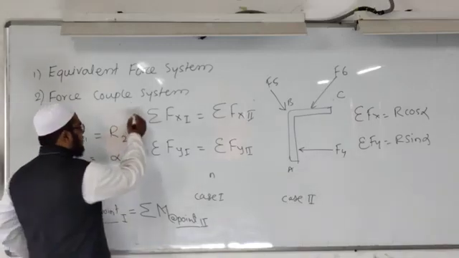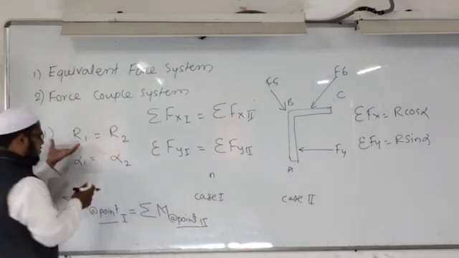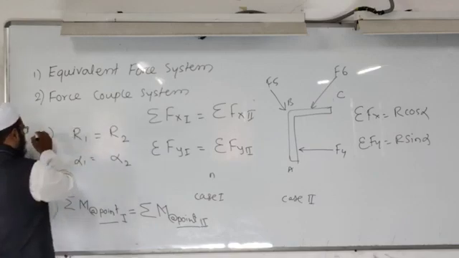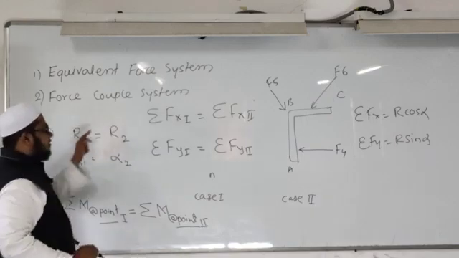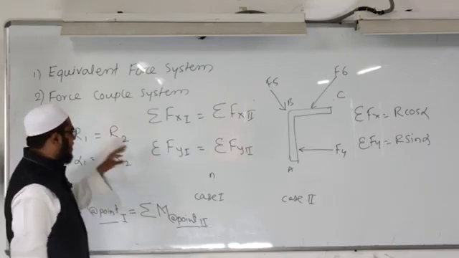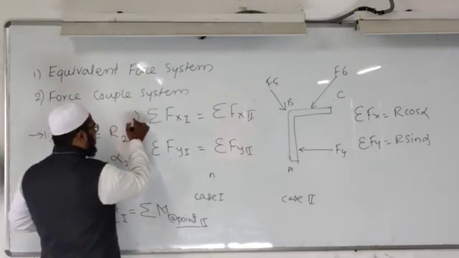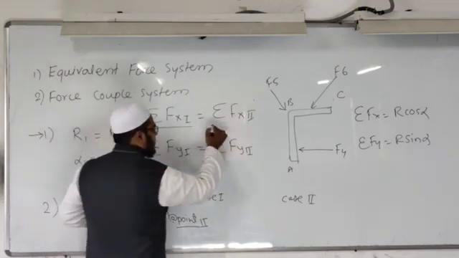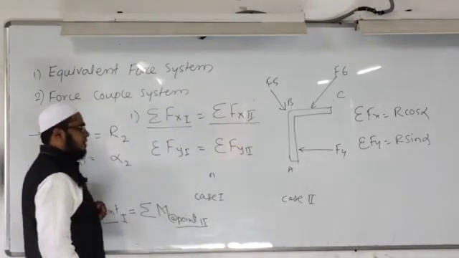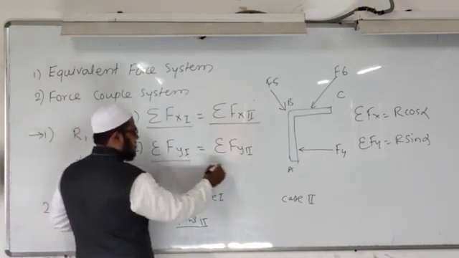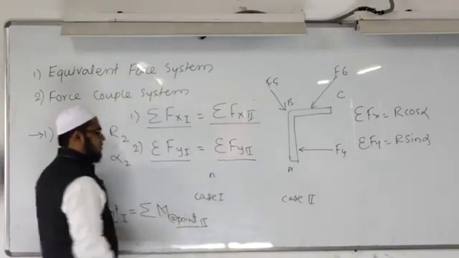What is the first condition? Actually it is only two conditions, but this first condition we have considered in terms of summation of Fx and summation of Fy. That's why there are three conditions. The first condition is summation Fx of first must be equal to summation Fx of second. Second condition, summation Fy of first must be equal to summation Fy of second.